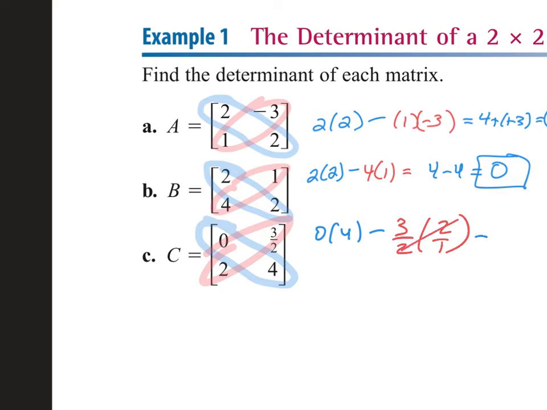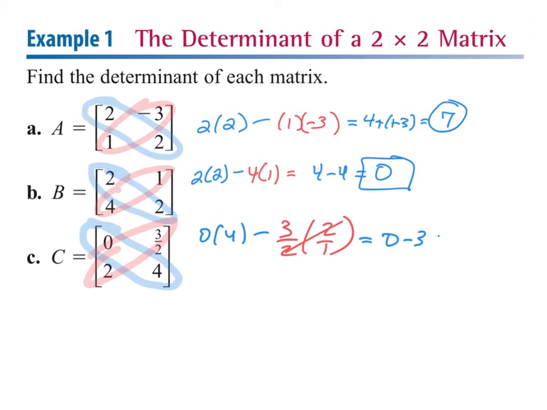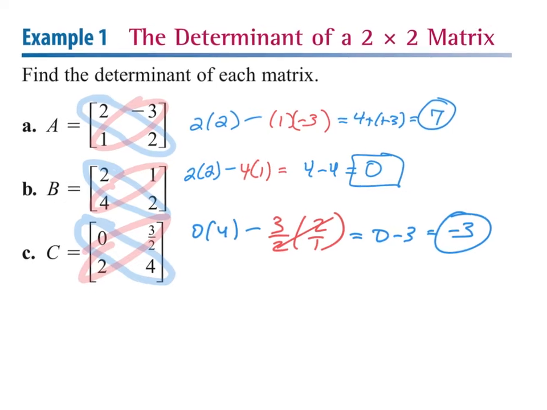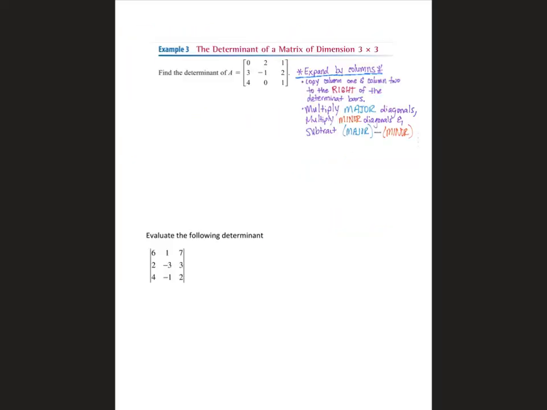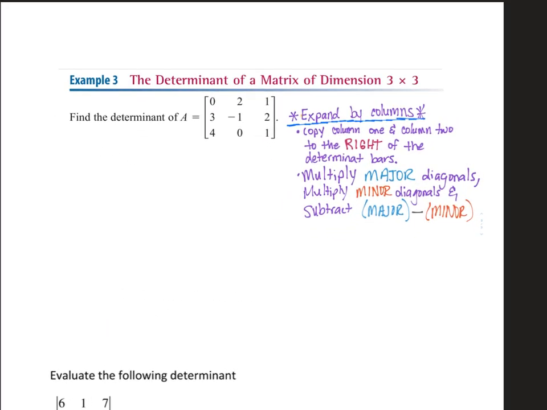So I have 0 minus 3. So what's my determinant here? -3. Perfect. Does anyone have any questions about that? Anybody? Talk to me. We're good?